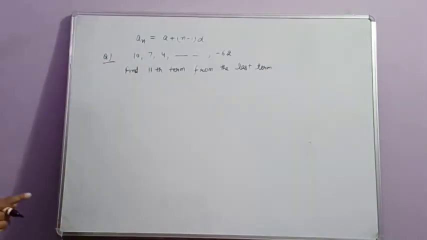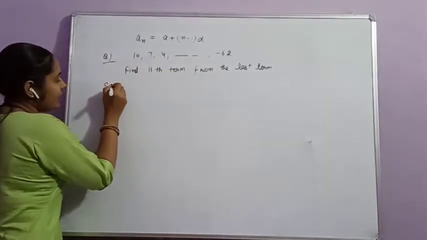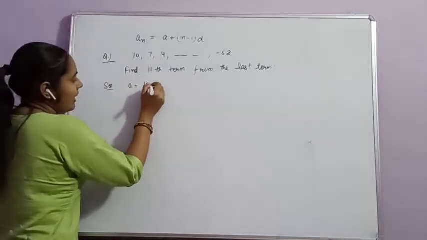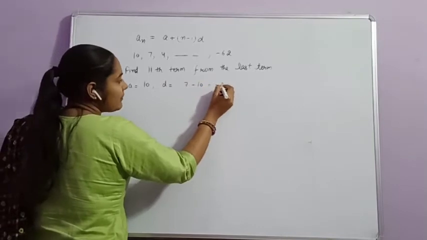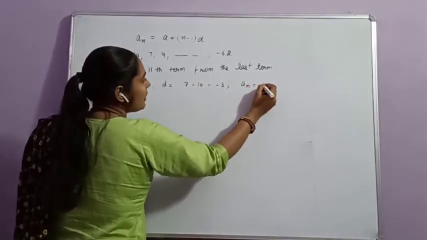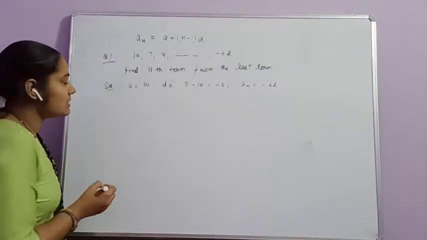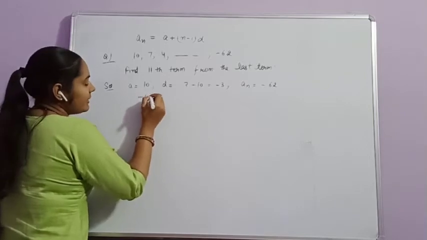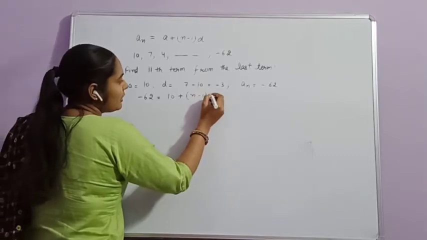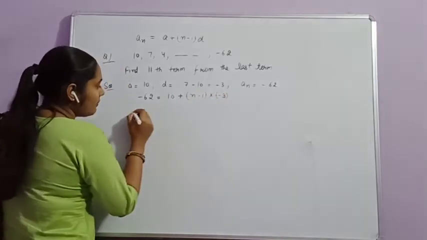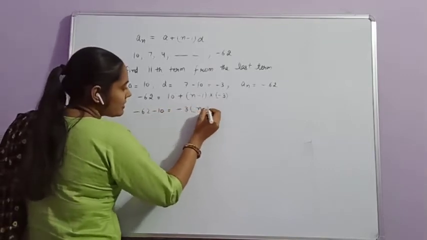Firstly, we have to find the total number of terms in that AP series. We know that here the first term a is 10 and the common difference d is equal to 7 minus 10, that is minus 3, and the nth term, an, is equal to minus 62. We apply the formula an is equal to a plus n minus 1 into d. Minus 62 minus 10 is equal to minus 3 into n minus 1.